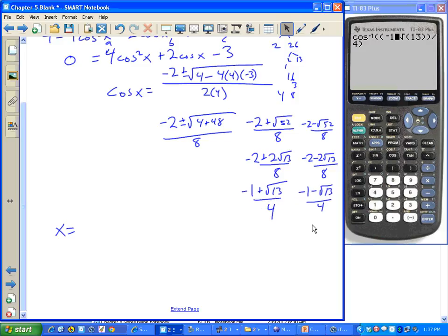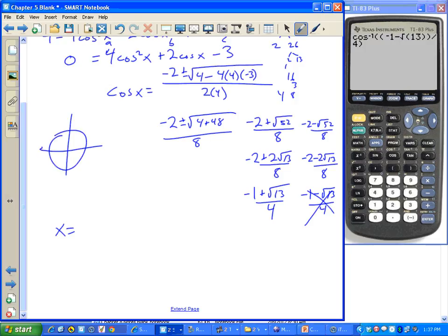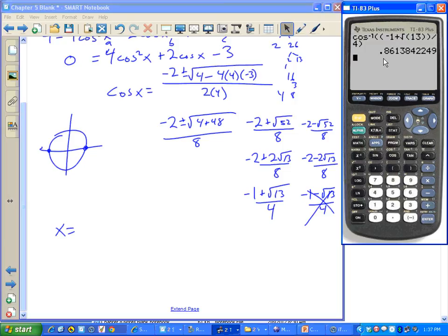So that's why I'm not getting a cosine inverse for this, because it would be bigger than 1, and cosine can't be bigger than 1 because of our unit circle. The biggest cosine value is here at 1. The lowest one is here at negative 1. So this would be something that's smaller than negative 1. So that's an extraneous solution. So I'd really just have the plus answer.